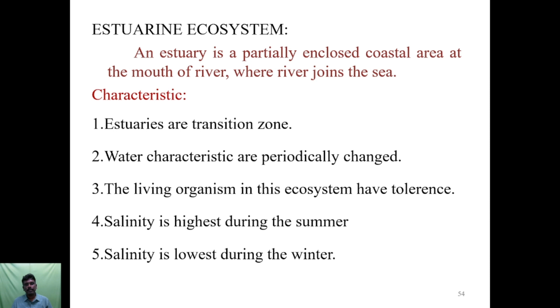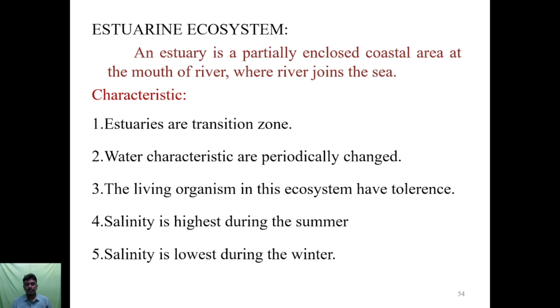Then estuarine ecosystem. An estuary is a partially enclosed coastal area at the mouth of the river, where the river joins the sea. So they are transition zones. Water characteristics are periodically changed. Living organisms in this ecosystem have tolerance.